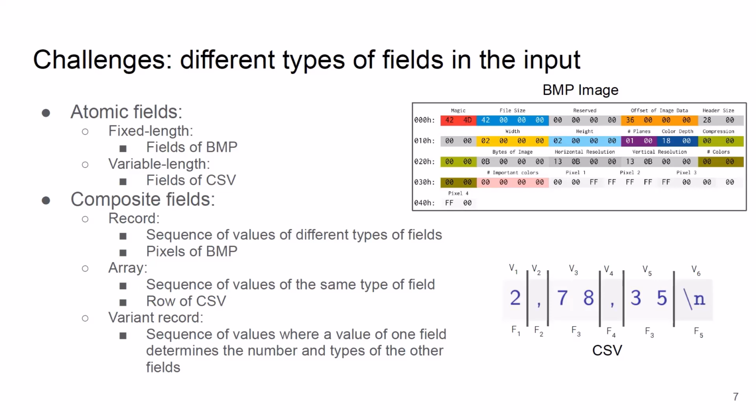And arrays are sequences of values of the same type of field. For instance, 78 and 35 of the CSV row are of the same type, but they are different values of the same field. And there is another set of composite field called variant record. A variant record is a sequence of values where a value specifies the type of record that follows that particular field.